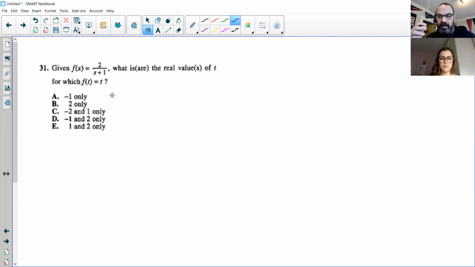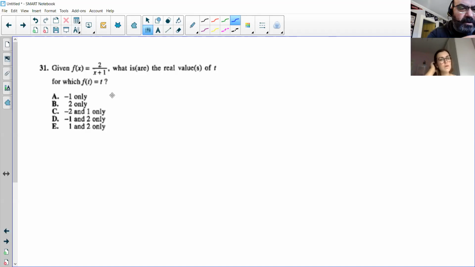Functions on the ACT are usually in the easier section. When you get past the first 20, they become a medium. So this is about a medium difficulty one. And when you have the function f of x, we have to substitute something. And this one says the function of t is equal to t.